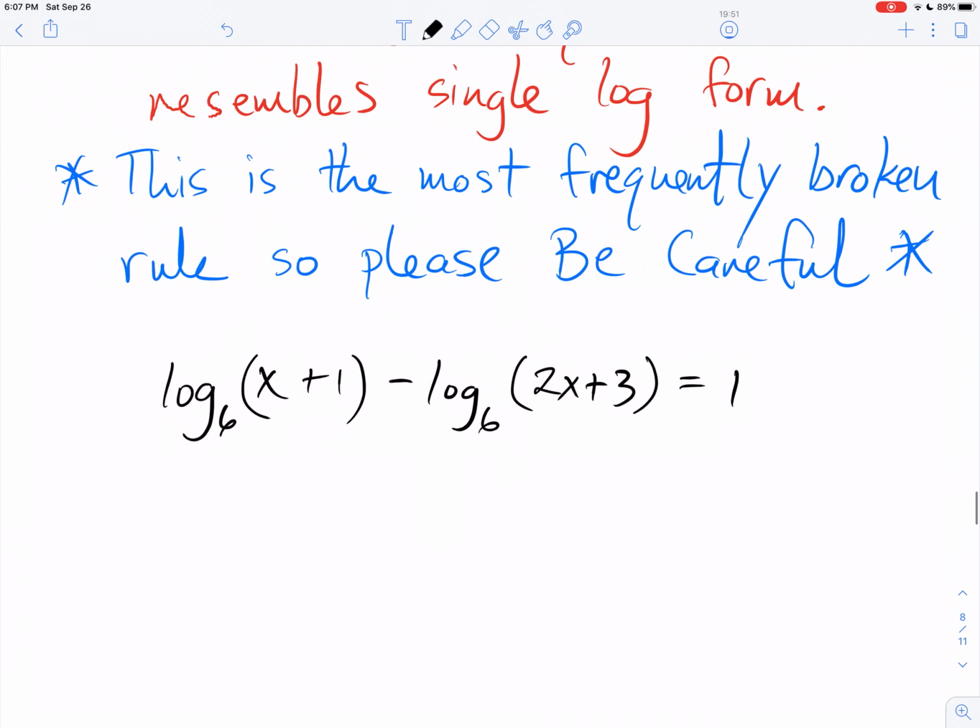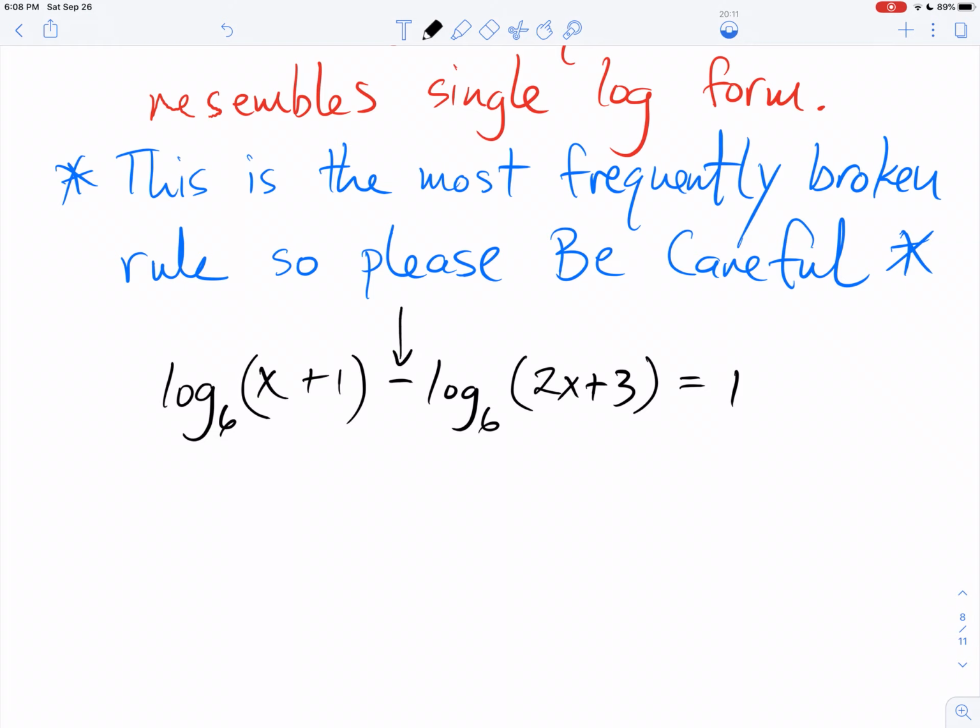Here's what I mean. I did not have you guys go through all those log properties and all those log laws because we never talk about them again. We use them all the time to solve stuff. So, do you guys see, like, this is a subtraction?